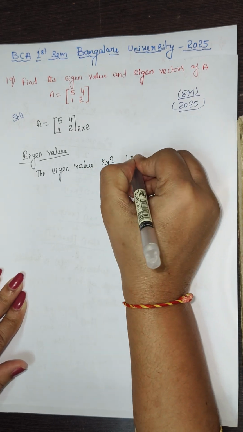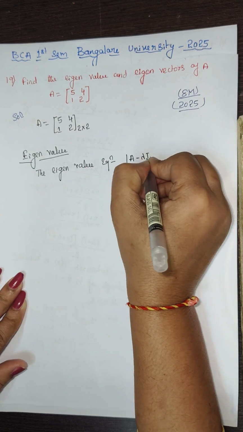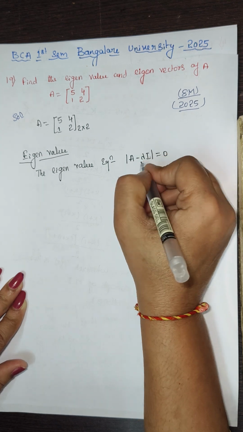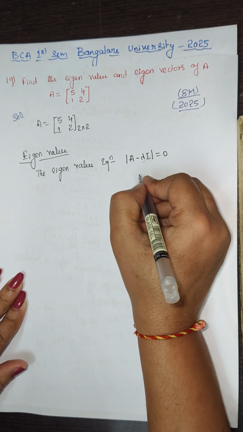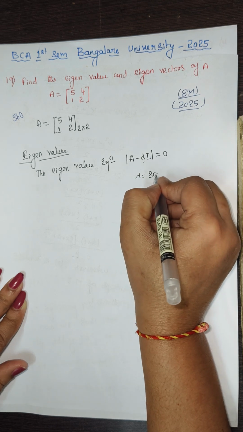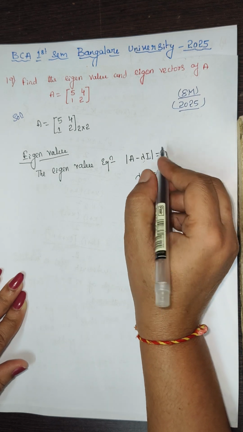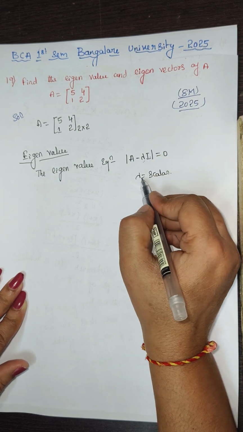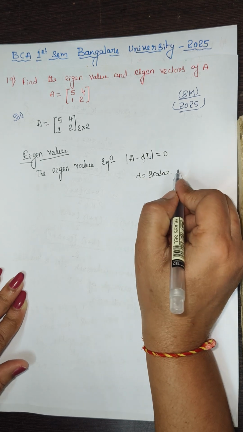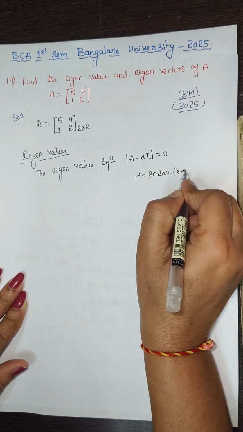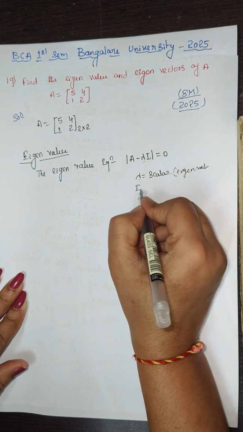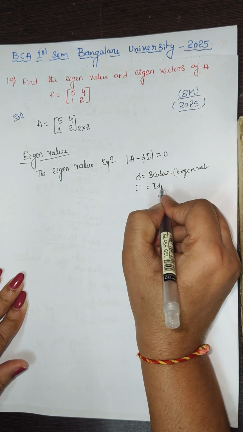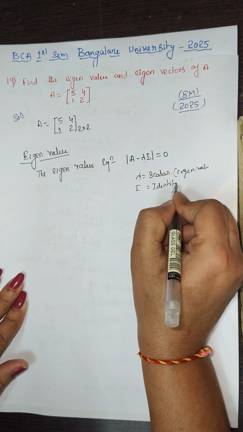Determinant of A minus lambda I equals 0. Here lambda is any scalar, and I is the identity matrix. Lambda is the scalar, and these lambda values are what we call the eigenvalues.